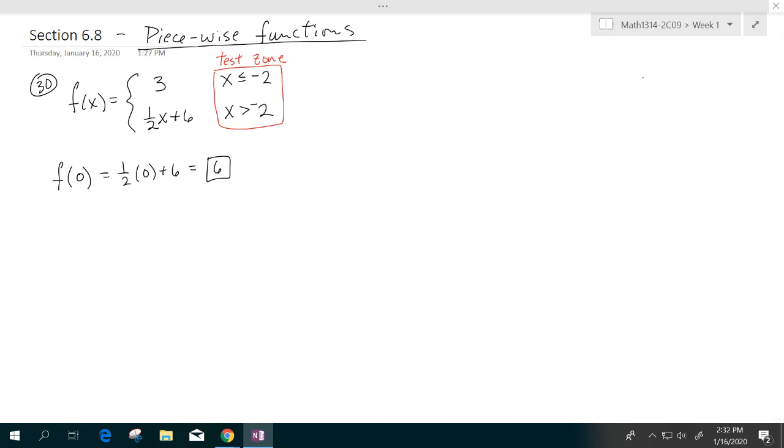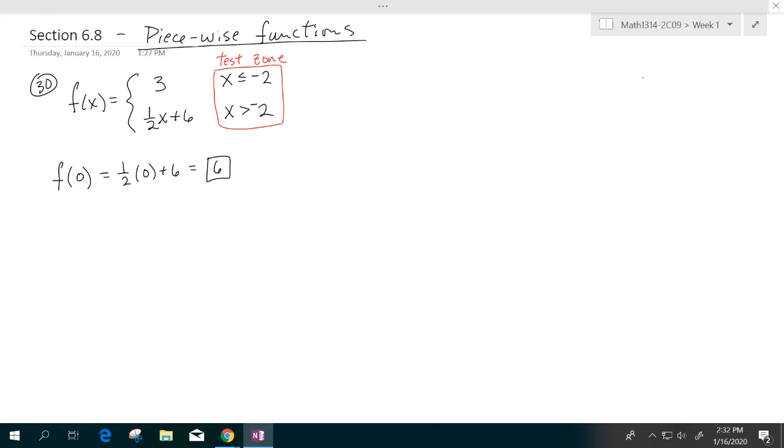Okay, here's why, and I'm glad I just wrote that down, because this back here, I call this the test zone. So for every number for x, you have to test it to see where to put it. So you're going to say, is 0 less than or equal to negative 2? Is that true? No, 0 is not less than or equal to negative 2, right?